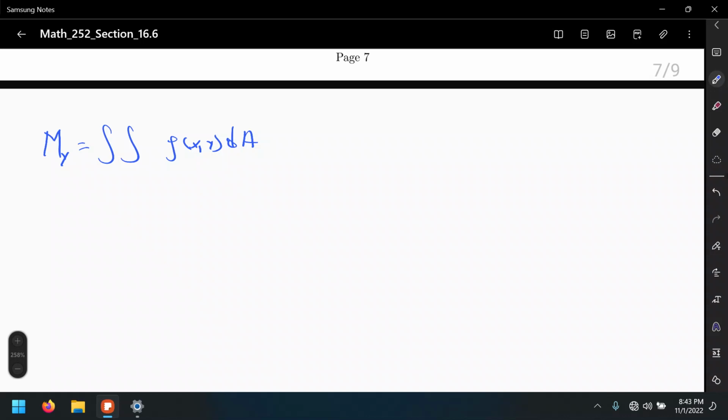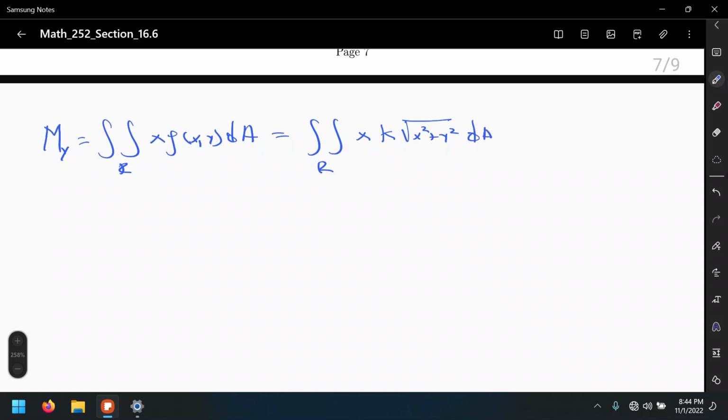Not k, for now x, because the moment about y involves a horizontal distance x. Now over the region R, that's x times the density function, which is k times the square root of x squared plus y squared dA.